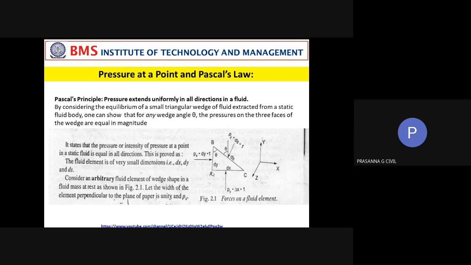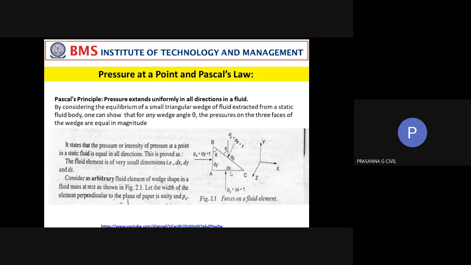So when considering the total pressure, it is the intensity of pressure times this dimension. In the case of AB, this dimension is a small distance dy, into 1, the thickness which is behind AB. That becomes the force, and it is perpendicular to the surface.